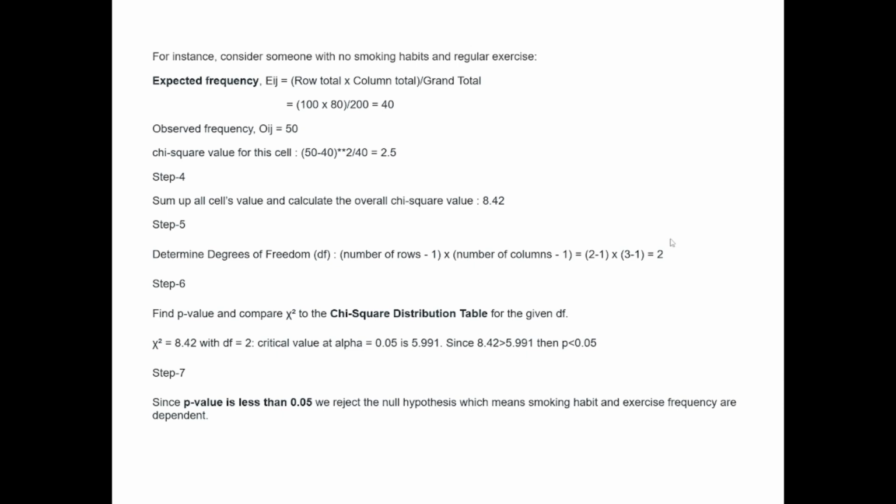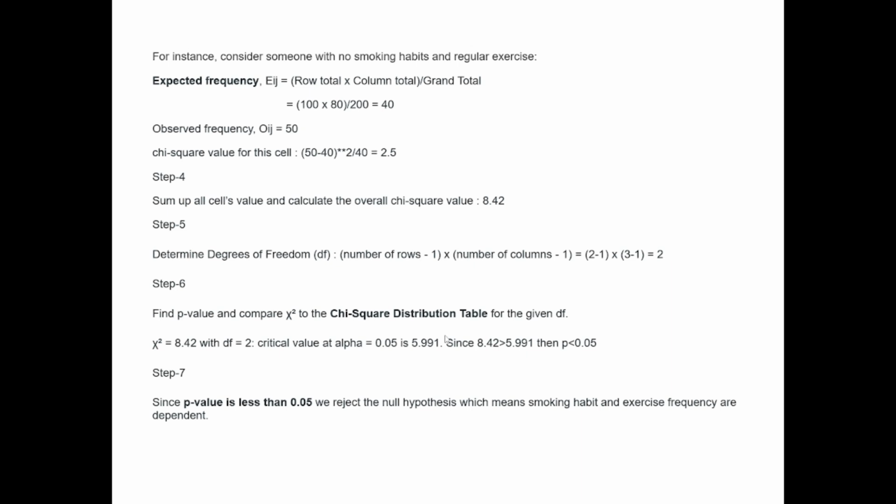So here my degrees of freedom is 2. For 2, what will be my critical chi-square value? From that table I got that with degrees of freedom 2, my chi-square critical value at alpha 0.05 is 5.991.